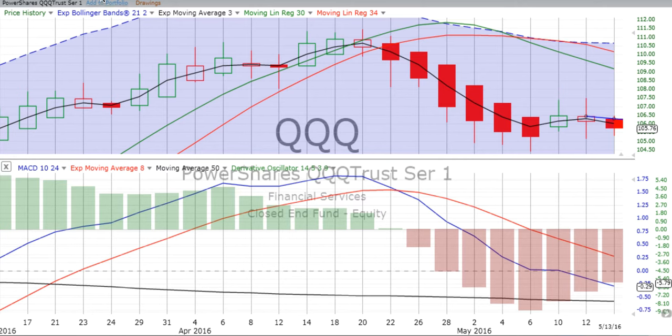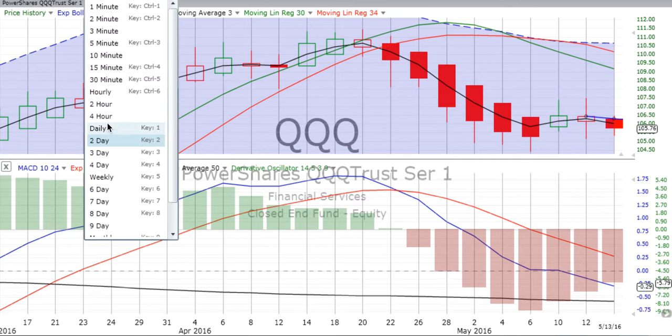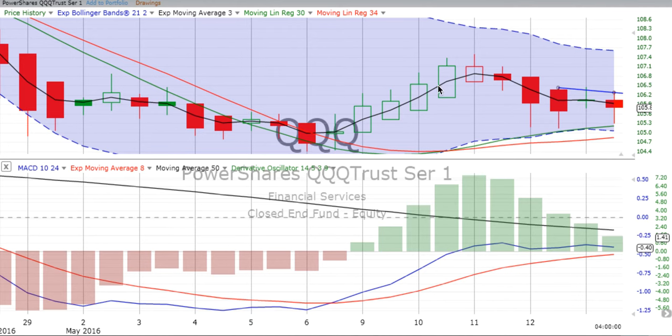So let's look at what happened during the day. On the Qs, the NASDAQ 100, it was down for the day a little bit, up in the morning with no negative or positive sentiment, a lot of question marks, what we call a doji, which means indecision.